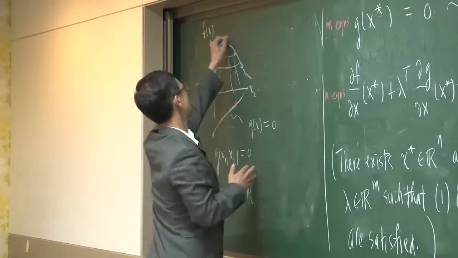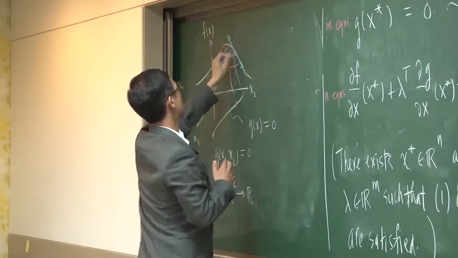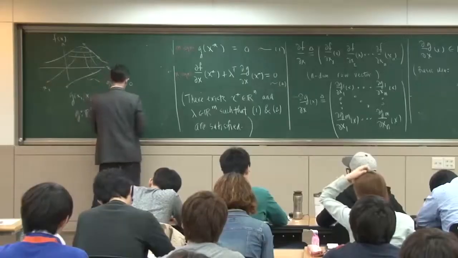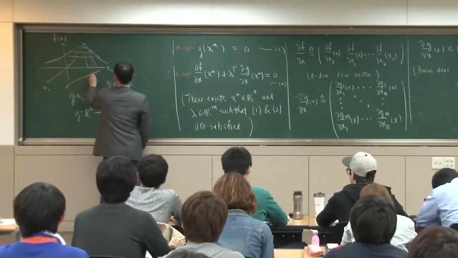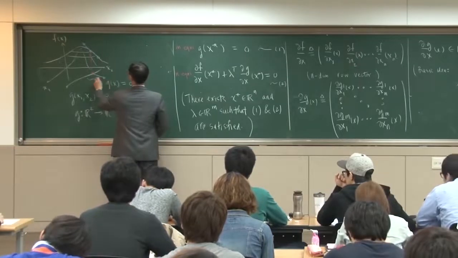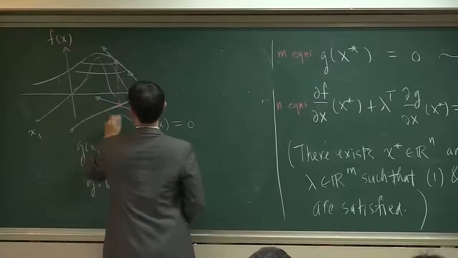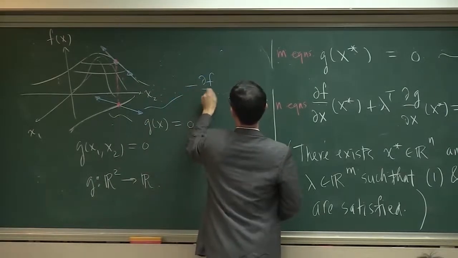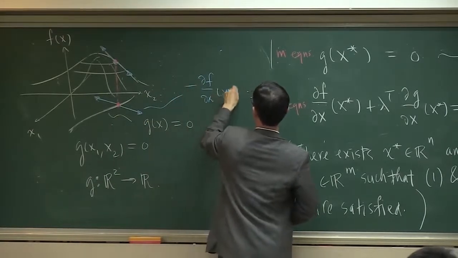Or actually, the derivative would be that way, so that would be the negative derivative, minus df dx at x star.